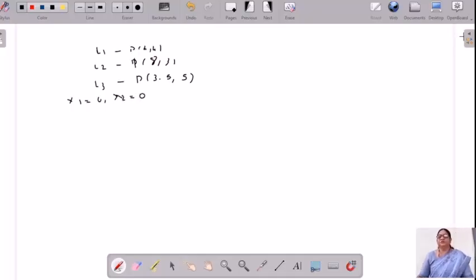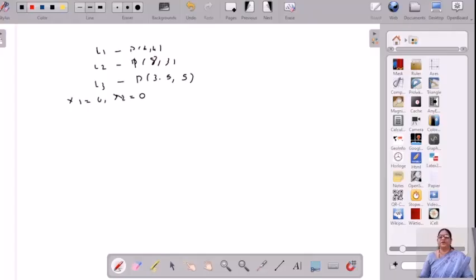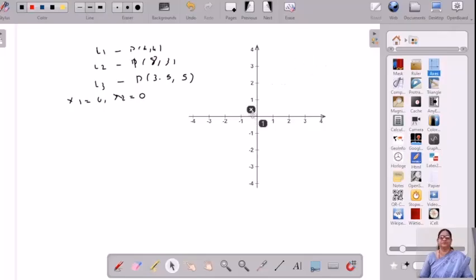Using the open board application, we draw the lines. Go to the application, according to the points.